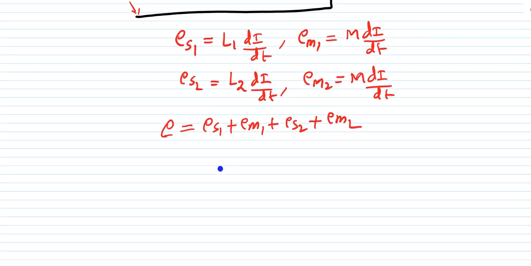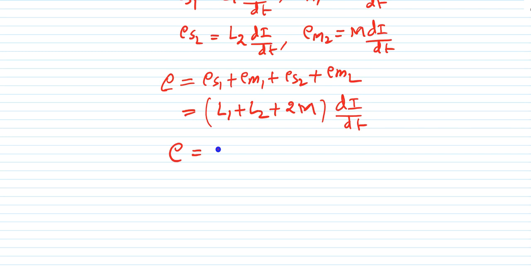Substitute all these values instead of these terms, and you will get L1 plus L2 plus 2M into di by dt. Or you can write E is equal to L total into di by dt.